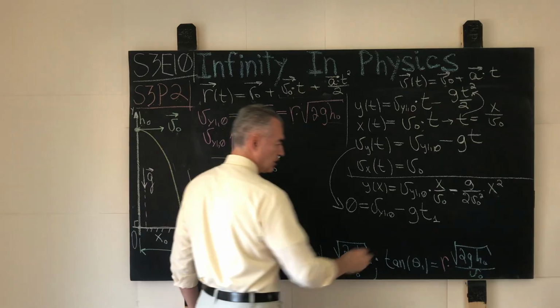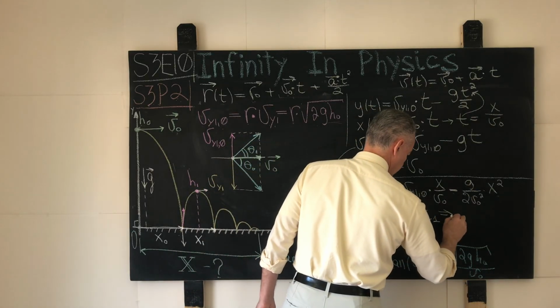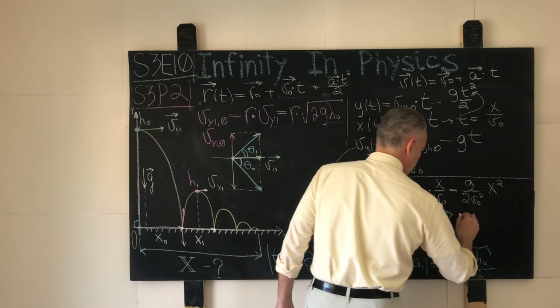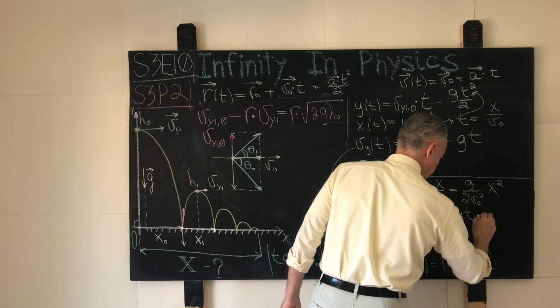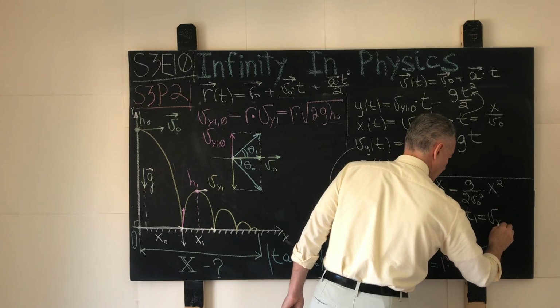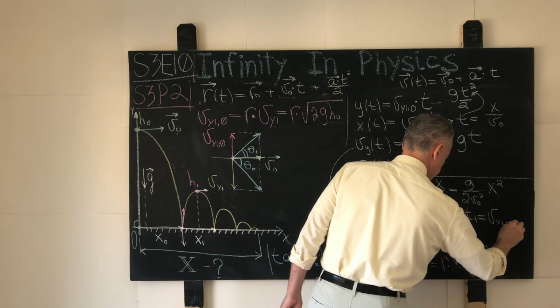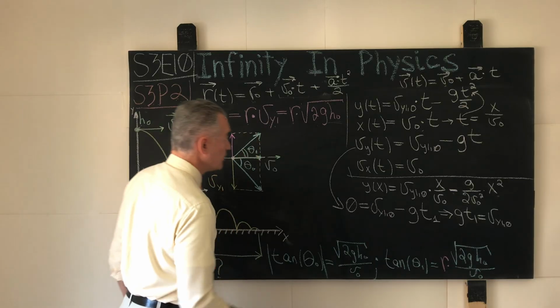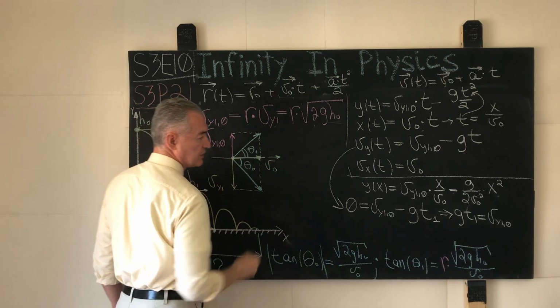So once we solve this equation, it follows what? That gt1 is equal to vy10. vy10 is known by magnitude over here.